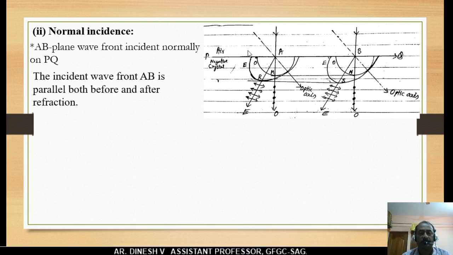The incident wavefront AB is parallel both before and after refraction.